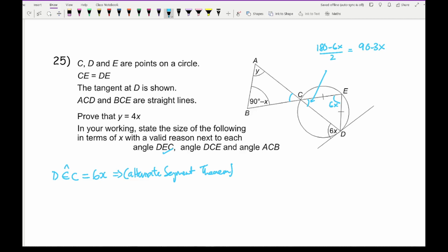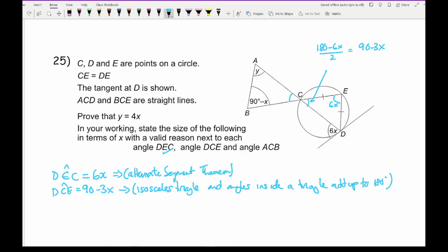So angle DCE is going to be equal to 90 minus 3x, and the reason for that is because we've got an isosceles triangle with the main angle being 6x, and angles inside a triangle add up to 180.